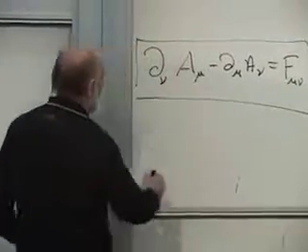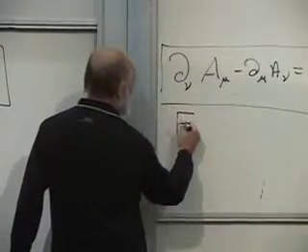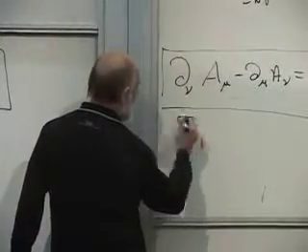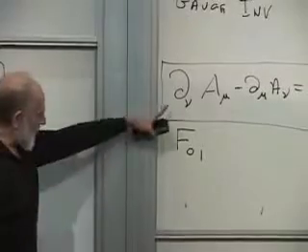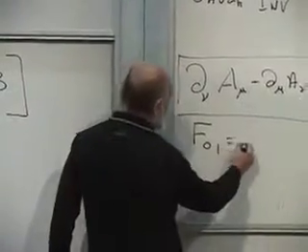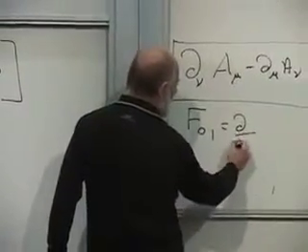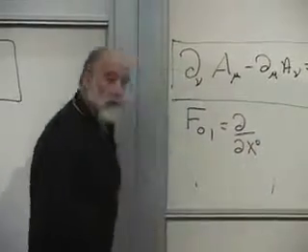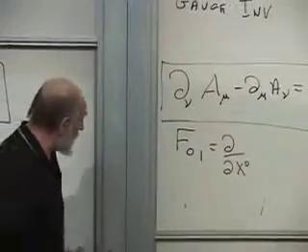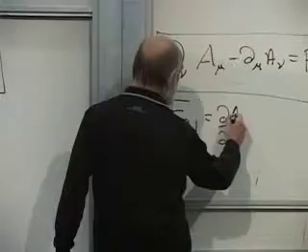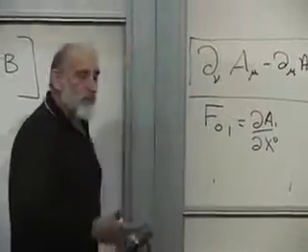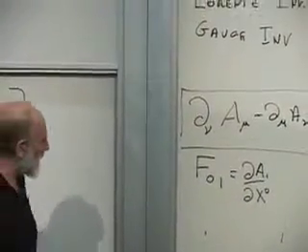We start with F01. By definition, this is the derivative with respect to x0. x0 is time, so it's just a time derivative of A1. 1 could stand for the x component.